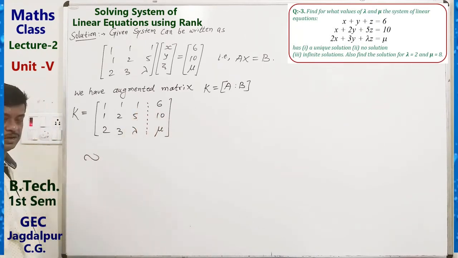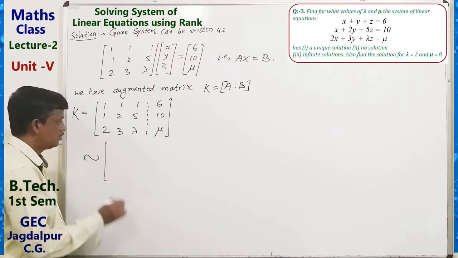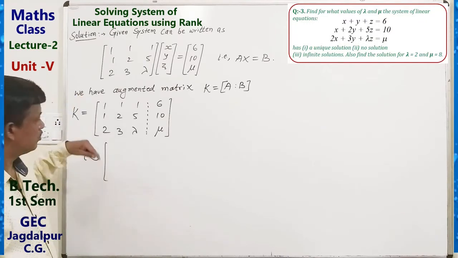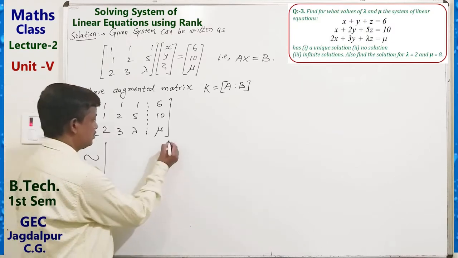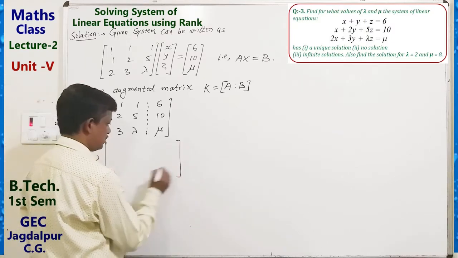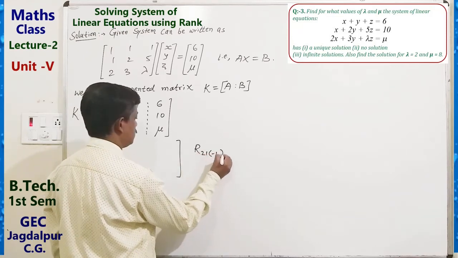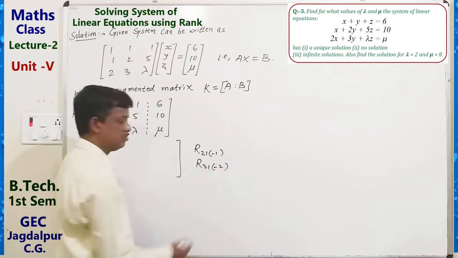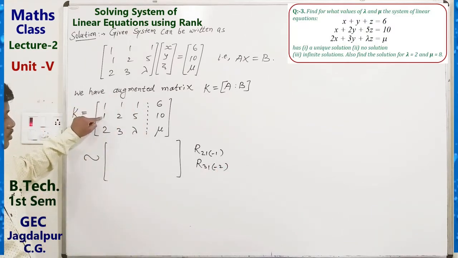Now K is equivalent to, make 0 this and this by using the first row. So here we can use R2 minus R1, R3 minus 2 R1. Just multiply the first by minus 1 and add to the second, multiply it by minus 2 and add to the third.